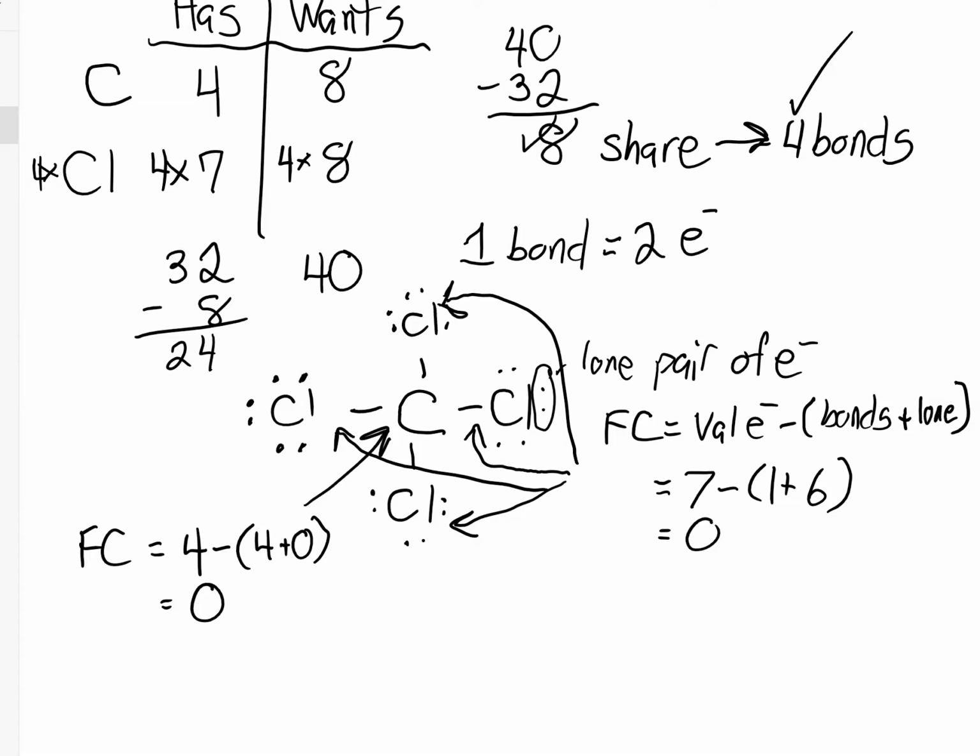That means this is the best Lewis structure for carbon tetrachloride, which again I'll just draw right here real quickly. It's 1 carbon surrounded by 4 chlorine atoms. Each chlorine atom has 3 lone pair sets on them. And that would be our Lewis structure for carbon tetrachloride.